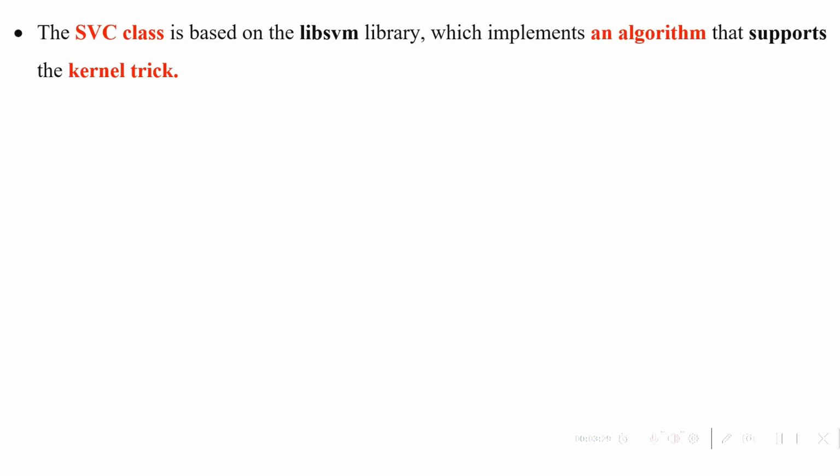The SVC class is based on the libSVM library. So there are two things: one is LinearSVC, and the second is the SVC class, which is based on the kernel trick and works for non-linear classification. The libSVM library implements an algorithm that supports the kernel trick.